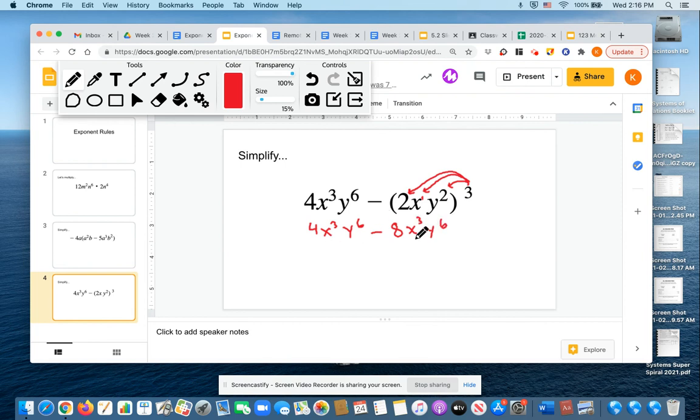These are like terms. So I can just do 4x to the third y to the sixth minus 8x to the third y to the sixth. And if I do that, I end up with negative 4x to the third y to the sixth. That is the simplified form of this expression right here.